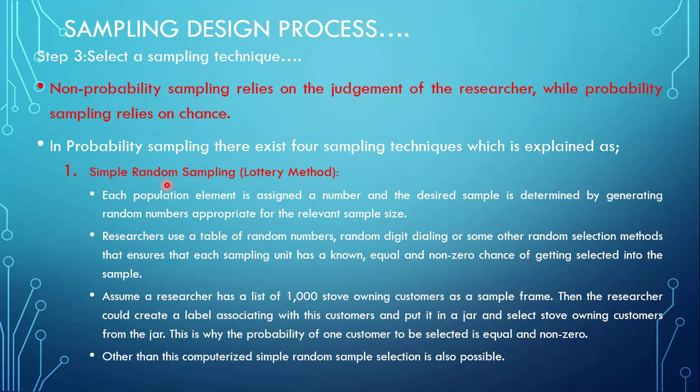So in the simple random sampling, you are going to have the list of your sampling frame, and then you are going to code the sample frames. Each and every sample frame will be given a number. Of course, you have two means for drawing a sample using simple random sampling. One is the automated way, and the other is the manual or the traditional way.